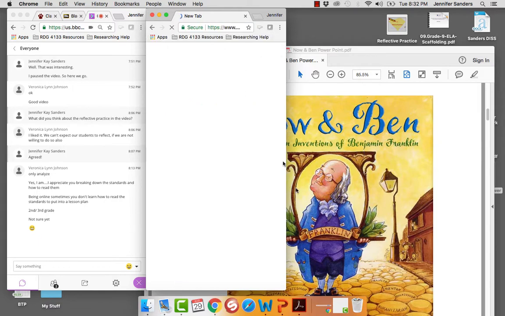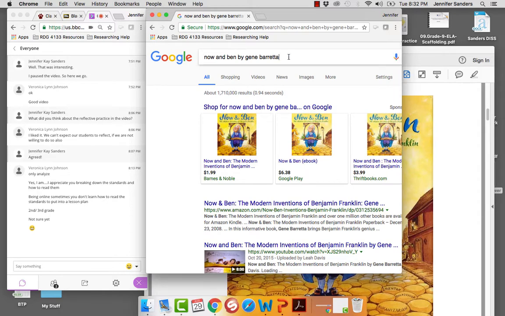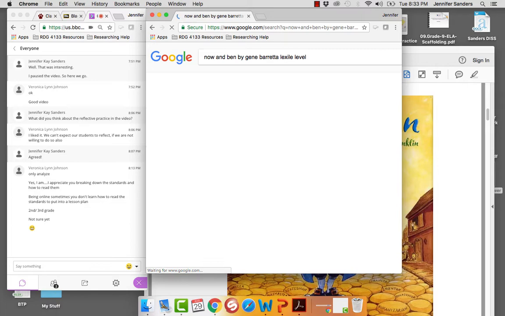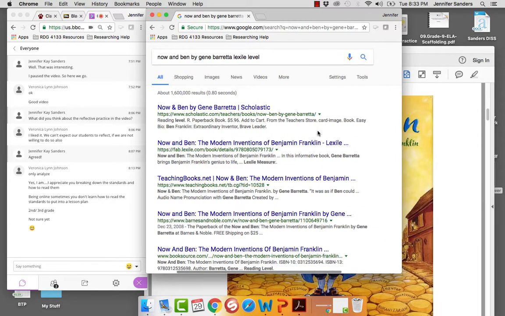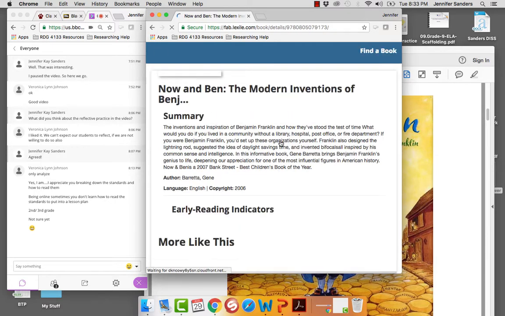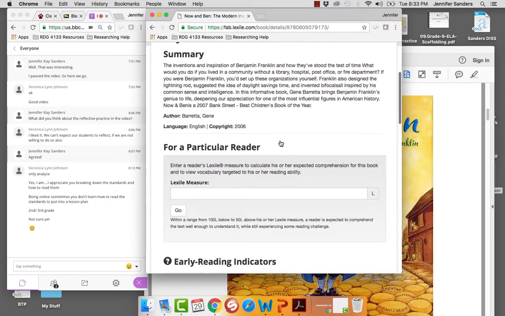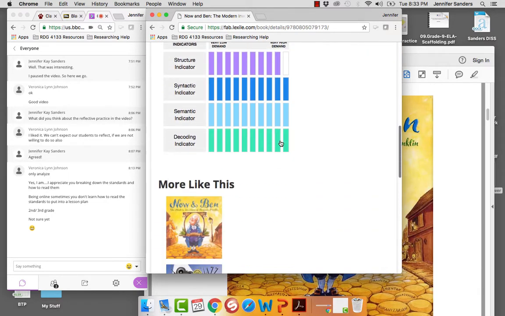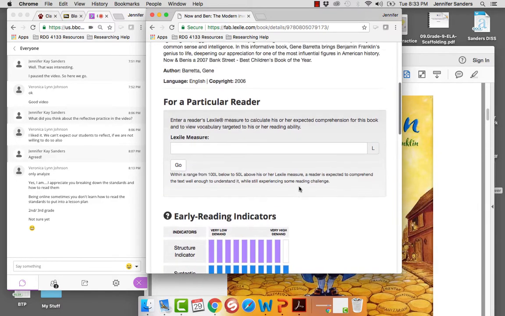Okay, I'm looking that up, and I want to know the Lexile level. Here's the Lexile band. It's a 640 Lexile level.